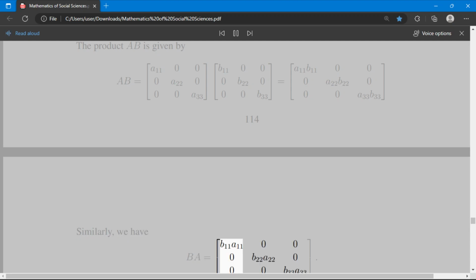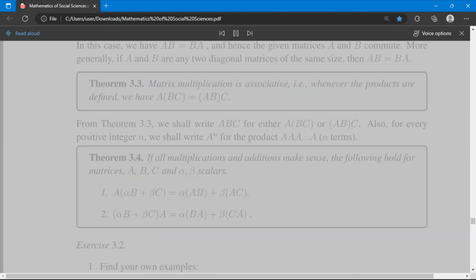Similarly, we have BA = diag(b11a11, b22a22, b33a33). In this case, we have AB = BA, and hence the given matrices A and B commute. More generally, if A and B are any two diagonal matrices of the same size, then AB = BA.